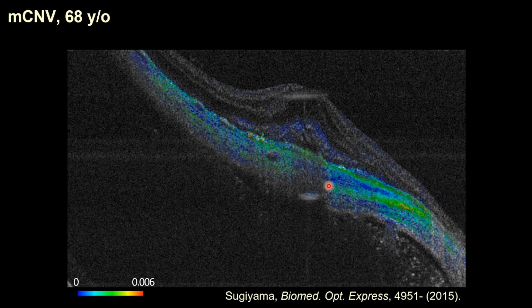The high, again, green, and low, blue. Okay. This four-layer appearance of the sclera is one of the characteristic properties we found in this study for the pathologic myopia cases. Okay, and there is a kind of abnormal thickening of the sclera, and it appeared in the second layer of this.